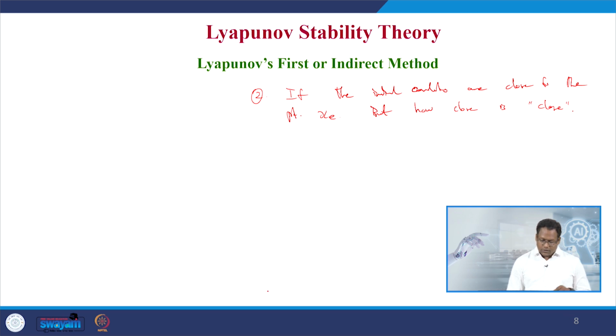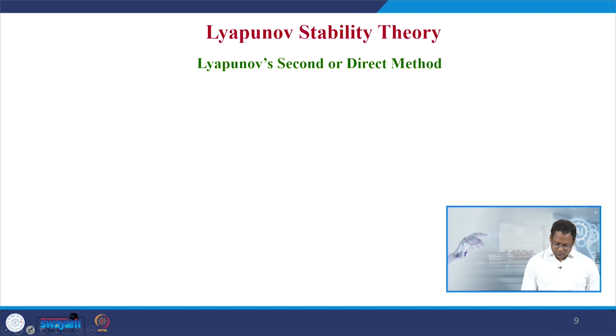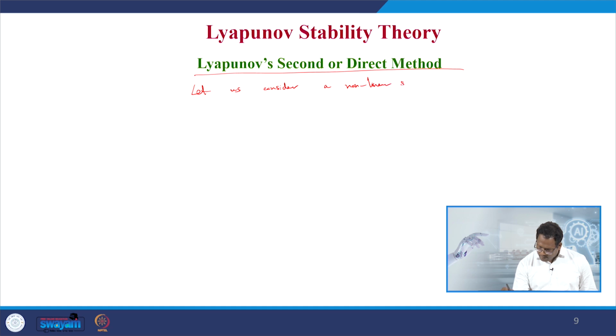Then we will see the next approach called Lyapunov's second approach, also called direct approach method or direct method. Now let us consider a nonlinear system given by x dot equal to f of x.